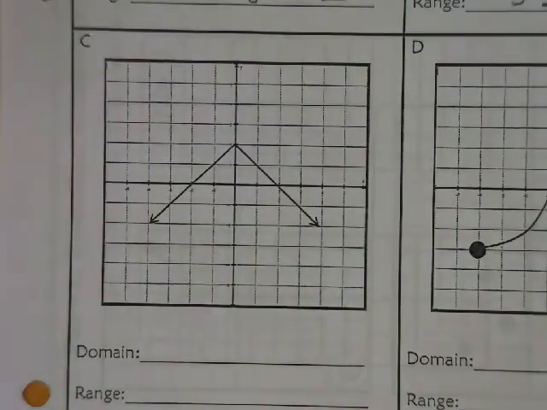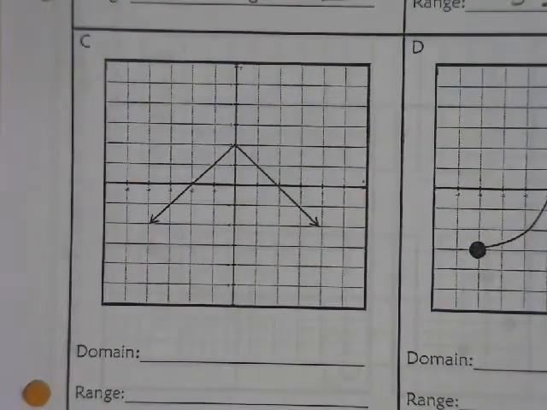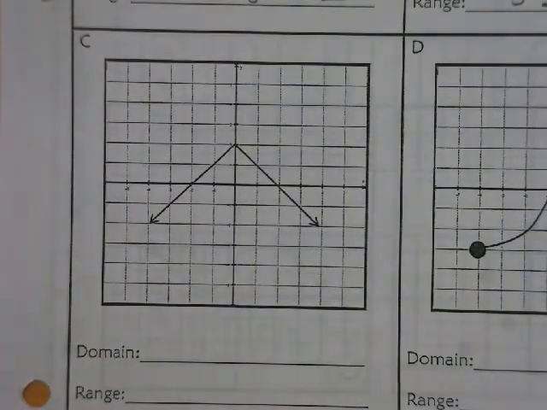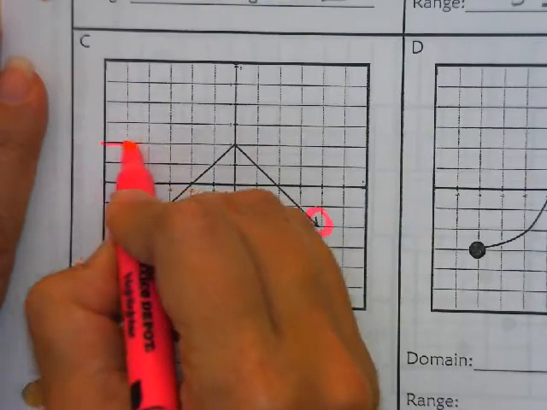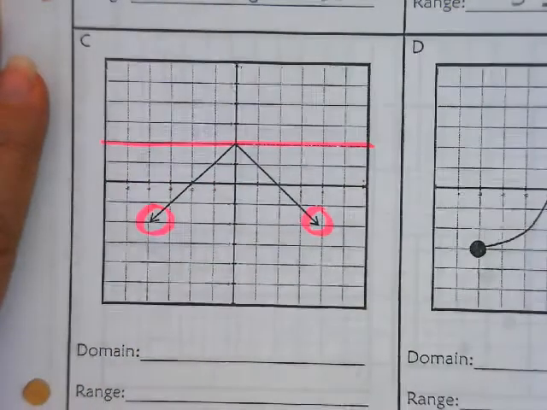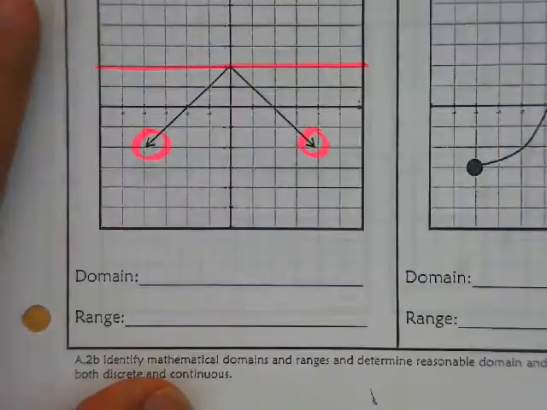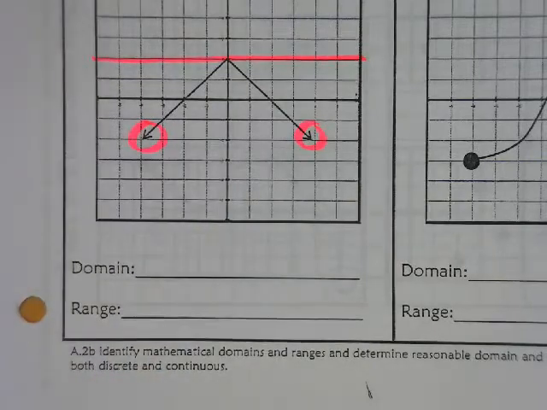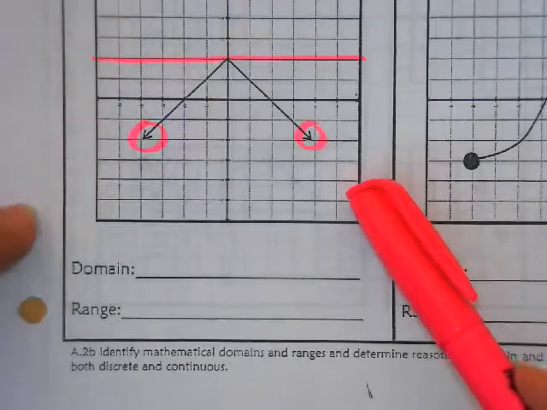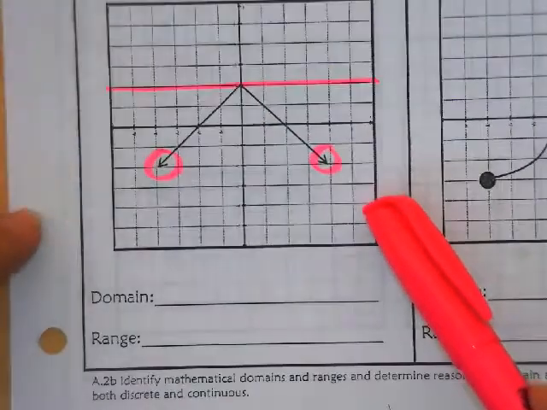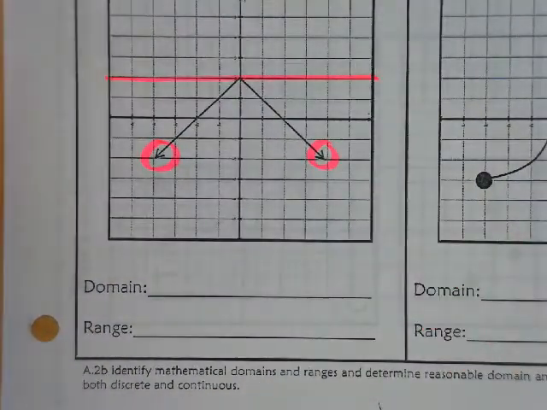What is different about C? Yes. It has arrows. What do the arrows mean? It is going to keep going forever and ever and ever. So the only part of the window you can draw on C is here. Now, let's think about this. If the arrows are going to go on and on and on for our x values forever and ever, what is that called?